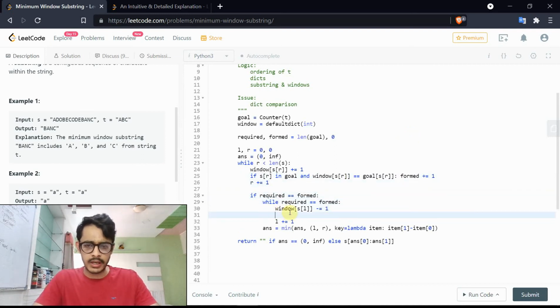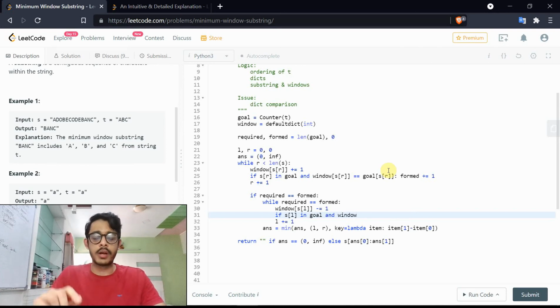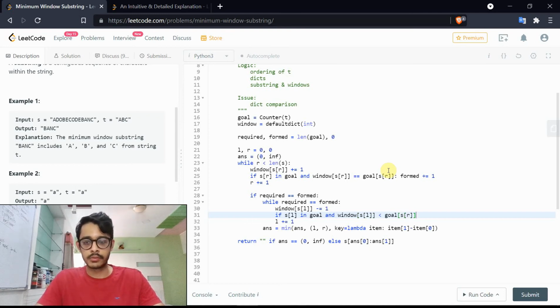Instead of just decreasing the window size, we want to say if the current character happens to be important and inside of goal, then I would also want to check if it happens to be inside of goal and the window count of this character is no longer the same as or equal to the goal's count of s of l. In that case, formed minus equals 1.